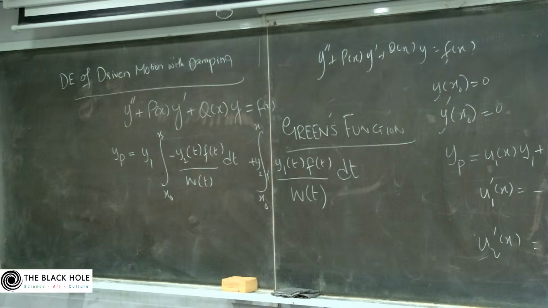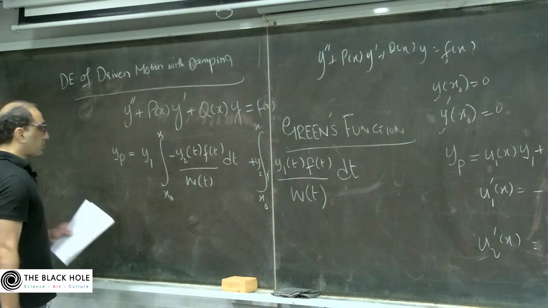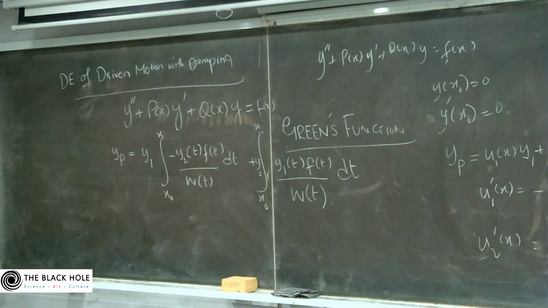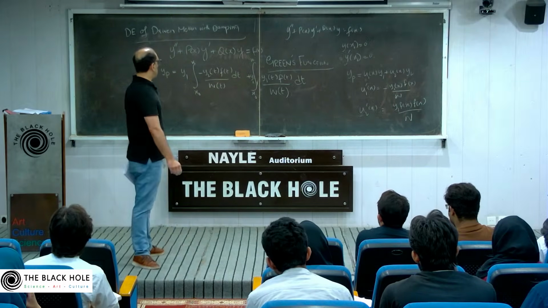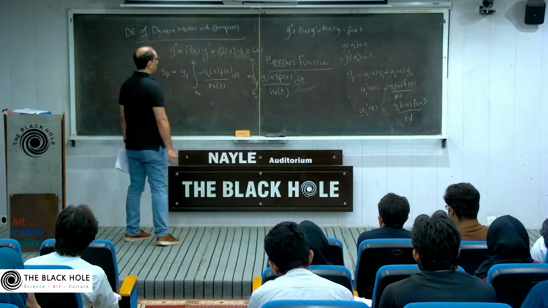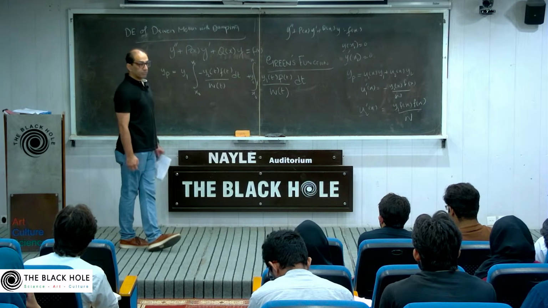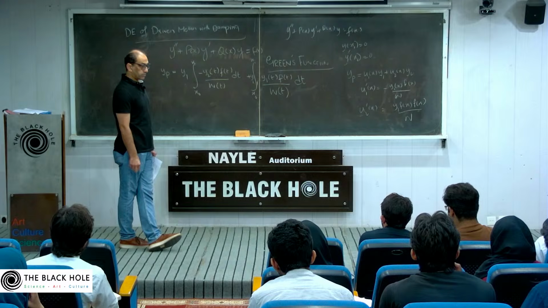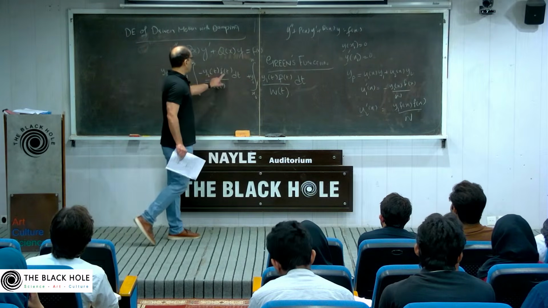Where you know that my W(t) is the determinant of y1, y2, y1', y2'. This t is the dummy variable.